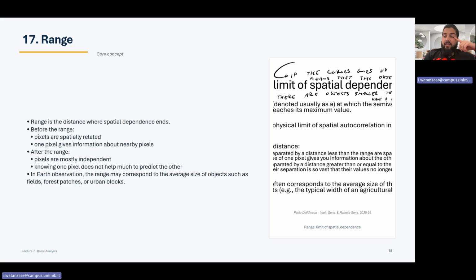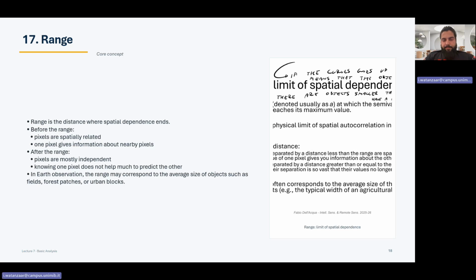It helps us see that here the data is more uncorrelated because the spatial continuity ends here. In Earth observation, the range may correspond to the average size of objects, such as fields, forest patches, or urban blocks. So this is exactly the average size of objects.